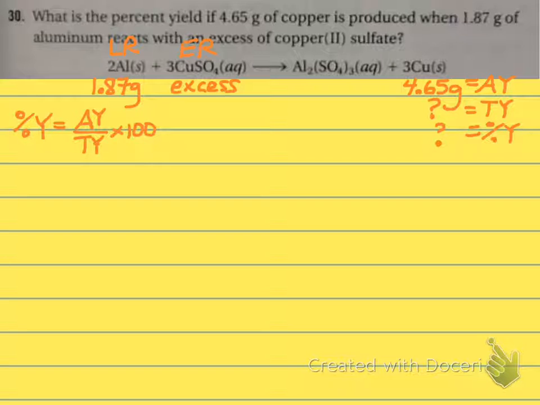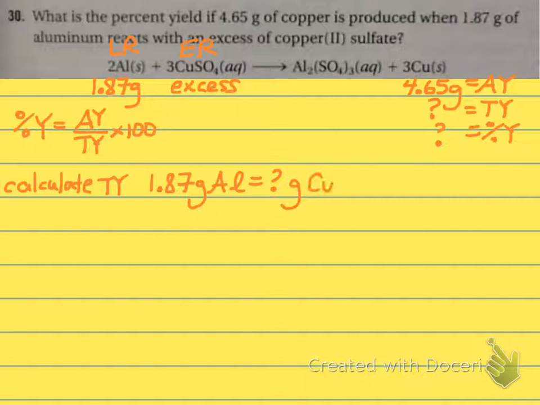So, to get the theoretical yield, we're going to calculate it. We're going to take our limiting reagent, which is the 1.87 grams of aluminum, and figure out how many grams of copper we could produce. That's our theoretical yield. Our only way to change from one substance to another is a mole ratio.